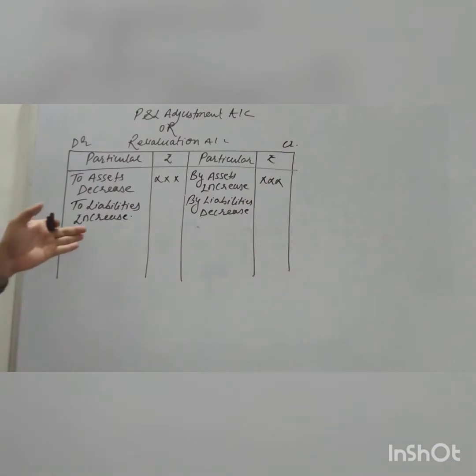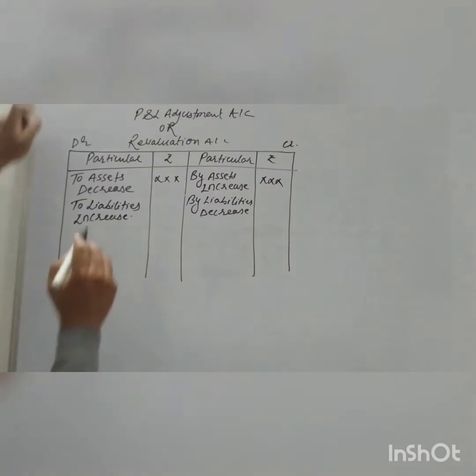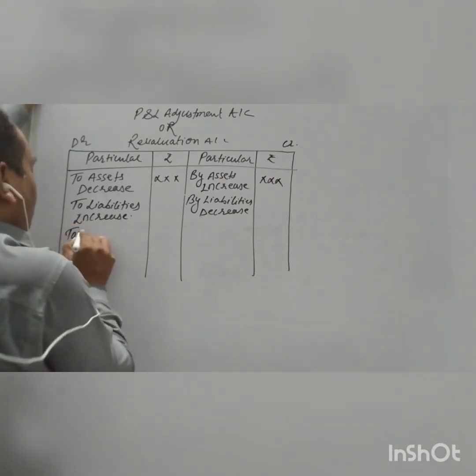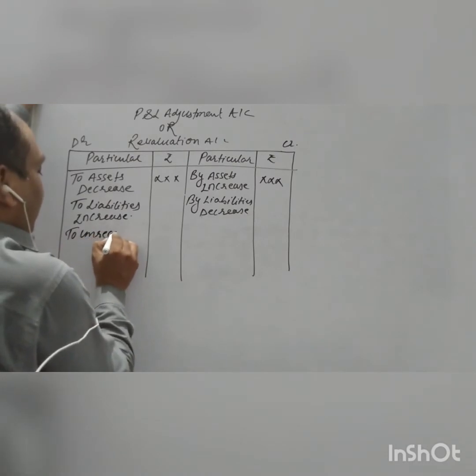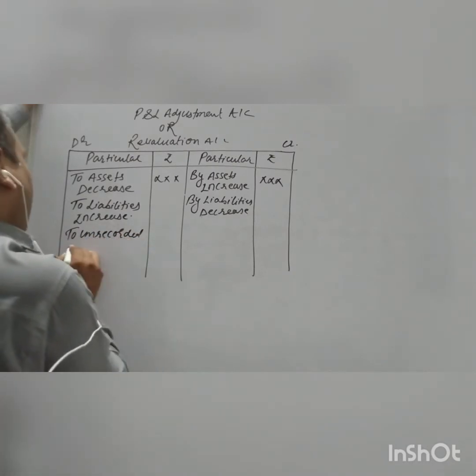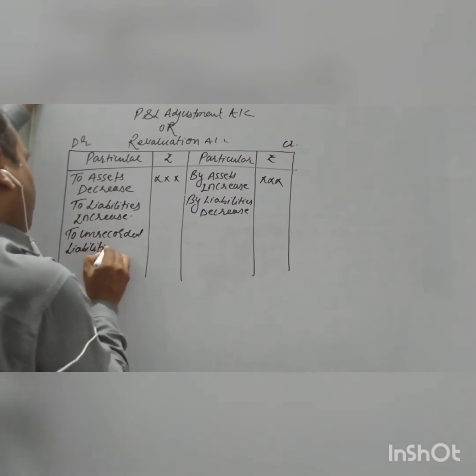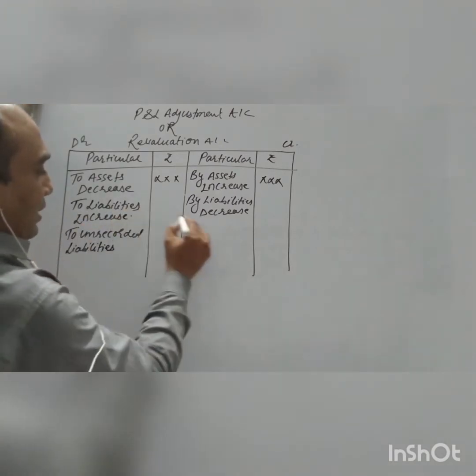Why? Because this is just an incurred loss and that is an incurred gain. Sometimes a few adjustments are given, like unrecorded liabilities, so we'll post them on the debit side.